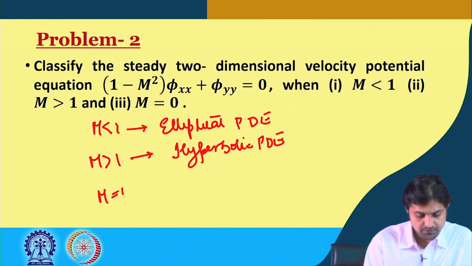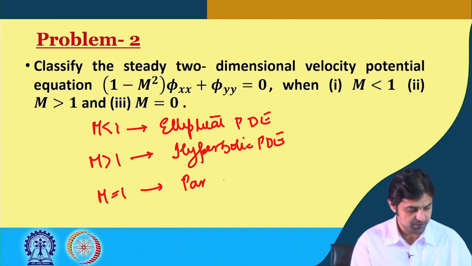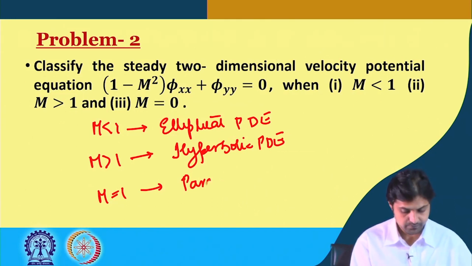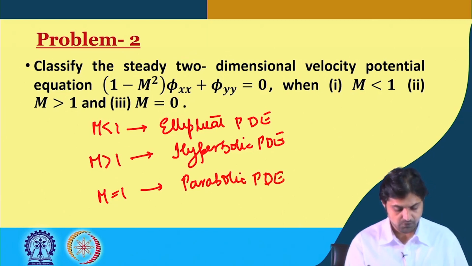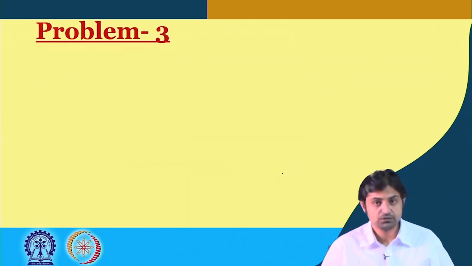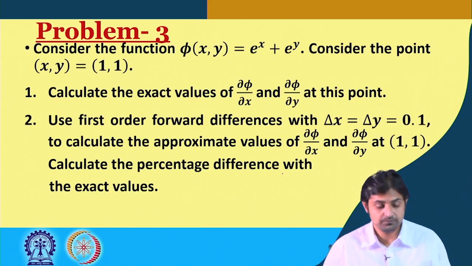And for m equal to 1, it was parabolic PDE. Okay. So time to move onwards. We will solve another problem.